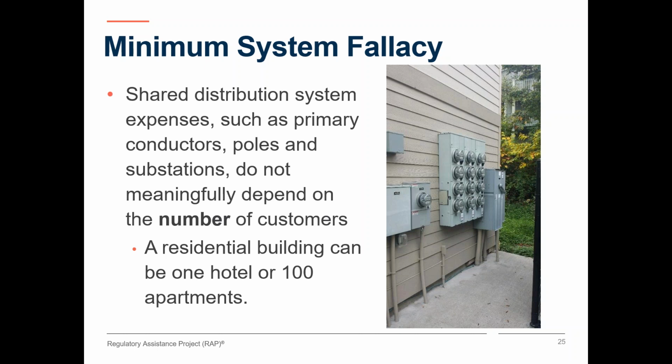In this picture, 12 apartments plus an extra meter for the common loads are served through a single service connection and a single transformer. These customers require the same feeder investment, transformer investment, and service drop as a single large customer using the entire building.